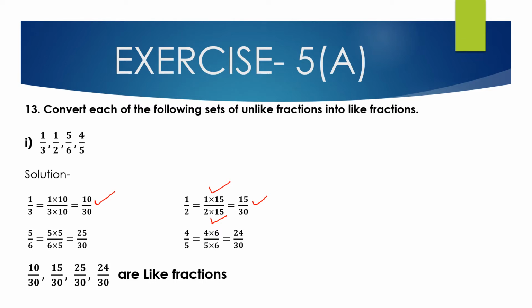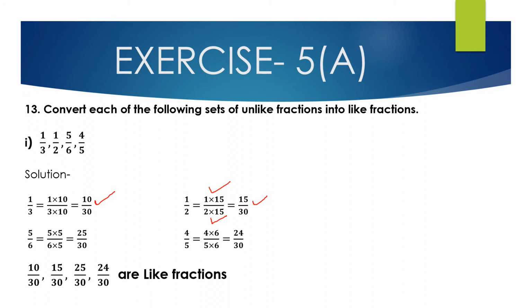Now the third fraction, 5 divided by 6. Equating the denominator 6 with the LCM, that is 30, by multiplying 5 with the numerator and denominator.